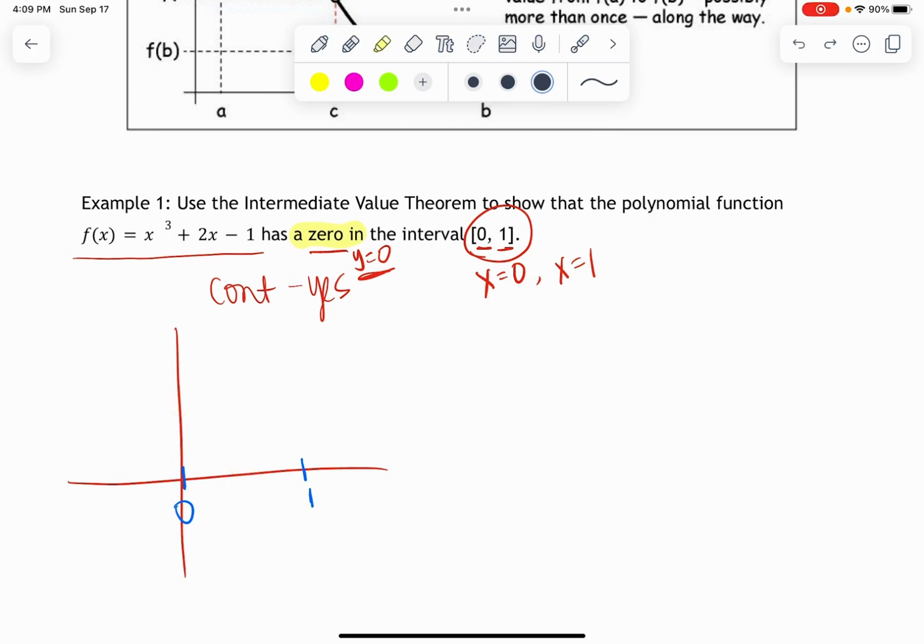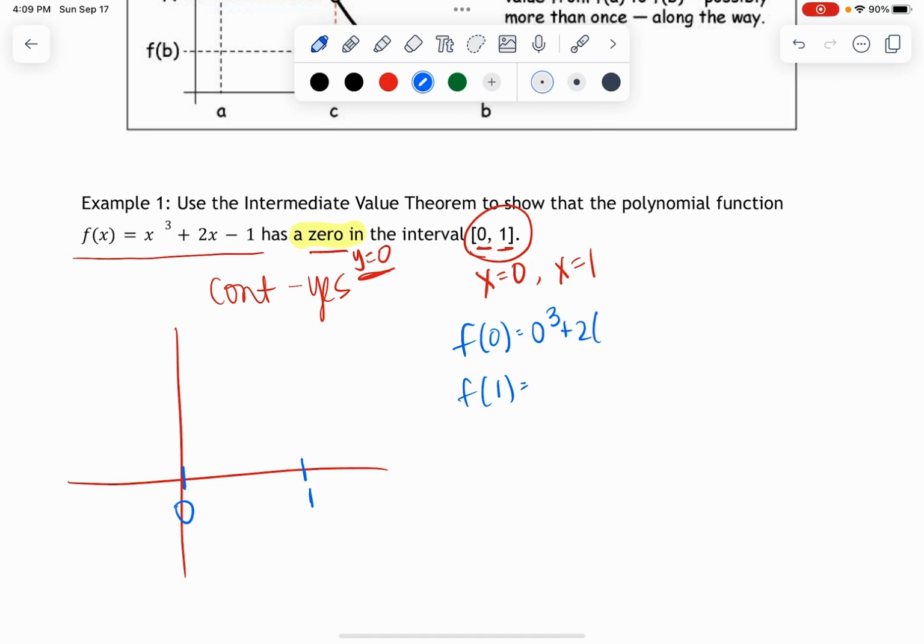So how we're going to do that is we're going to first find f of 0, then find f of 1, and see what those heights are. If you plug in f of 0, it would be 0 cubed plus 2 times 0 minus 1, that's negative 1. So 0, negative 1 is here. And then we'll plug in 1. 1 cubed plus 2 times 1 minus 1 is 2.